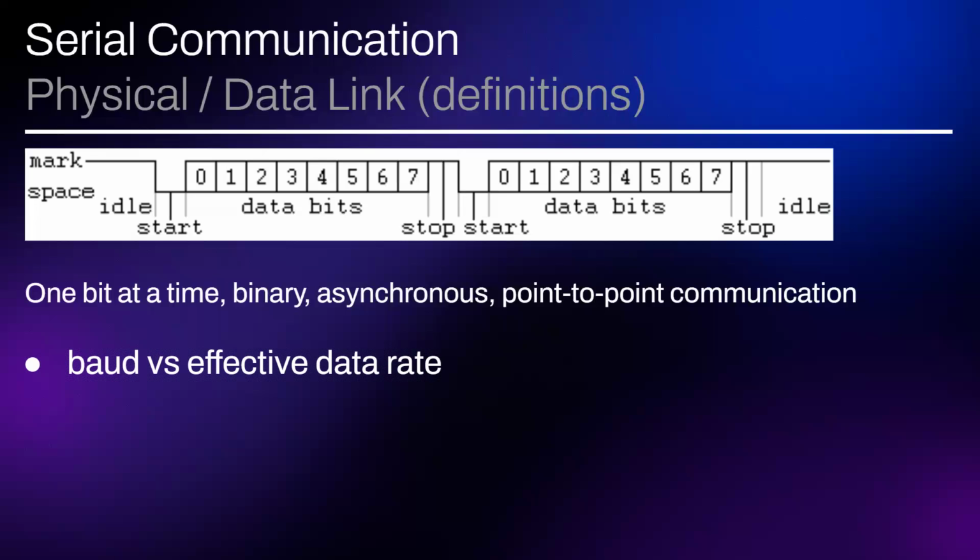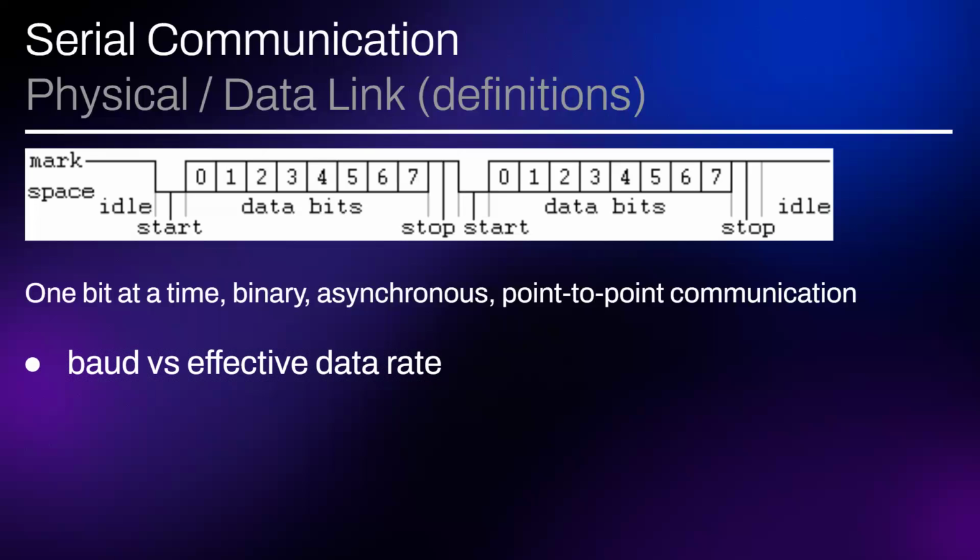I'm sure you've all heard of baud. So the baud rate is the rate at which we send a symbol across the wire. Each one of these squares here would be a symbol. And in order to do a robust communication link, we usually have to send more symbols than the data itself. So in serial, the very common extra bits are things like a start bit.